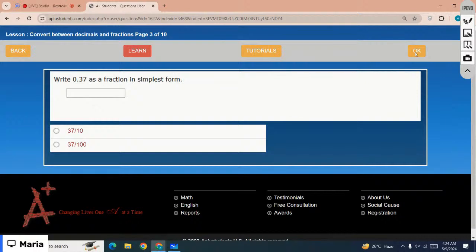Okay, write 0.37 as a fraction in simplest form. So which is the correct option?